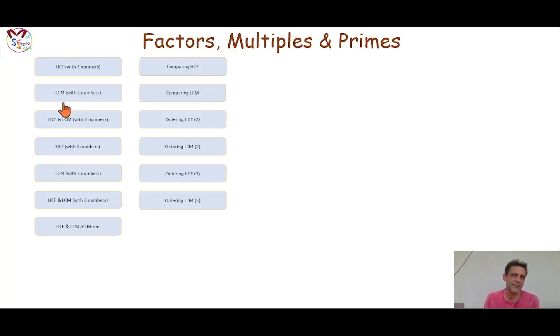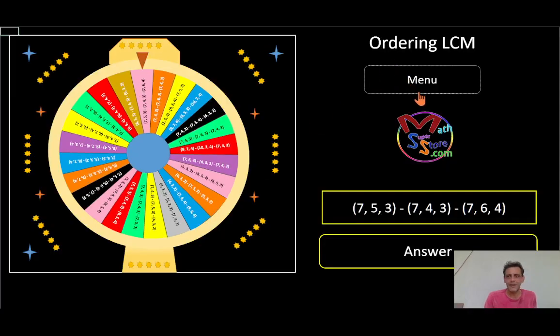So there's a few options in here. We've got highest common factor, lowest common multiple with 2 and 3 numbers, and we can mix these. That's all of this column, and we can mix them all. Then we've got comparing highest common factor, lowest common multiple, ordering highest common factor, lowest common multiple with 2 and with 3, and if you just choose one, we'll quickly go back to the menu.